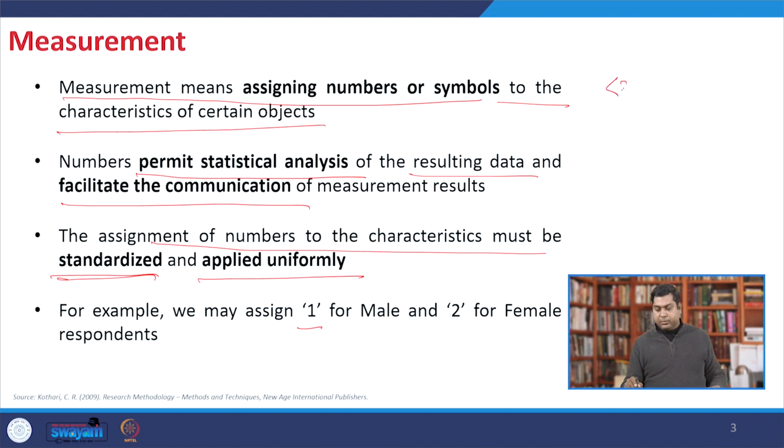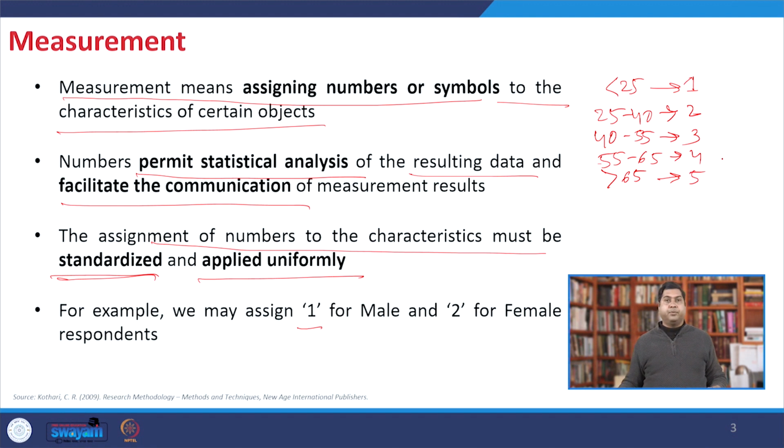So maybe less than 25 years you assign group number 1, 25 to 40 is group number 2, 40 to 55 is 3, 55 to 65 is 4, and above 65 years of age is 5.